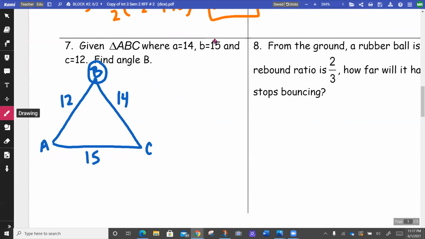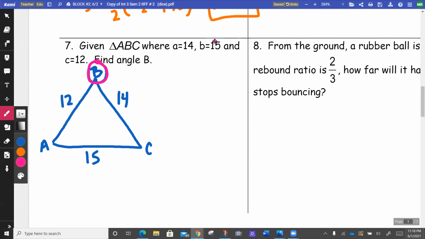So I don't have any pairs, meaning an angle and the side across from it. My A and 14, I don't have that as a pair. My C and 12, again, I don't have that as a pair. So if I had an angle and the side opposite it, I would use law of sines. Since I don't, I'm going to use law of cosines. And I want to find B.